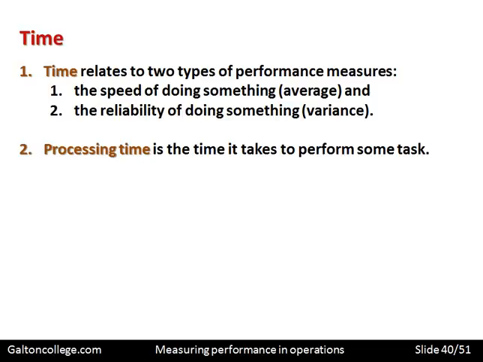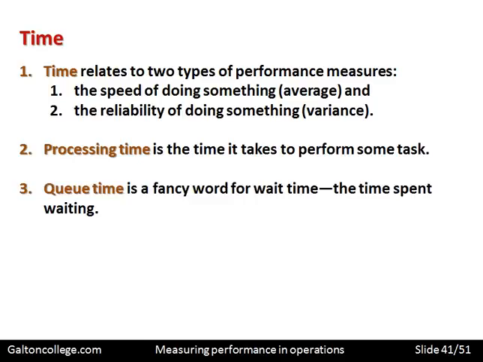We've also got processing time, the time it takes to perform some task. Although we now know about time in the context of the average time taken and the variance, what's the spread around the average, we should also look at the processing time. How long does it take to perform some task?